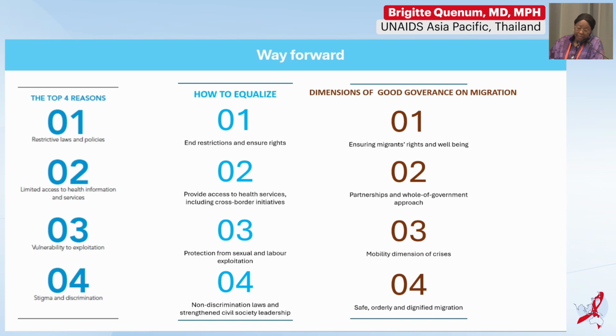This relates to the preparedness of countries when they are faced with mobility dimensions of crisis linked to either disasters, the environment, and or conflict. The processes should be in place for nationals and non-nationals, both during and after disasters, including whether humanitarian assistance is equally available to migrants as it is to citizens.